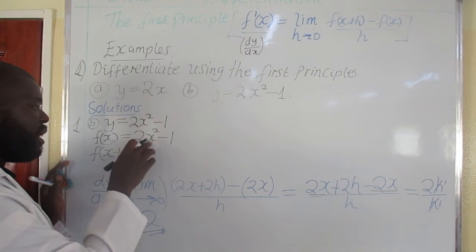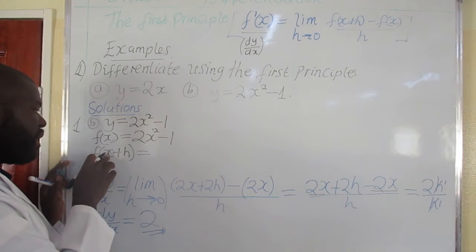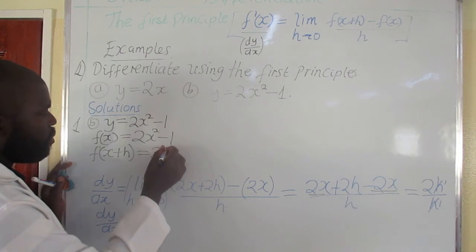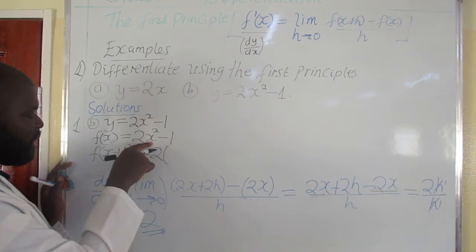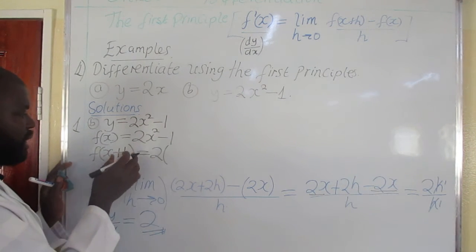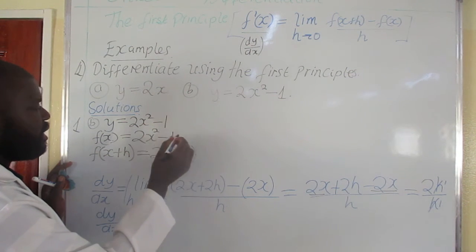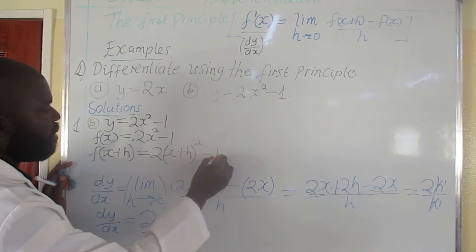For x, we put x plus h. So you can see we have 2, then x, and for x we put x plus h. Then you can see there is a power 2 and there is minus 1.